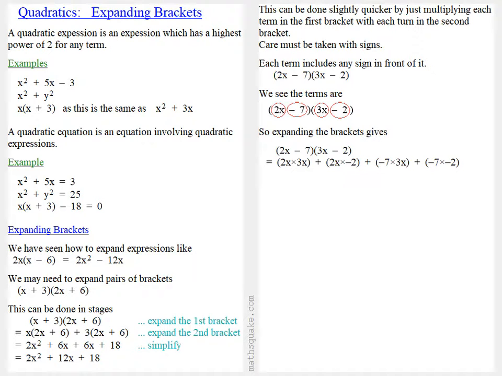Now 2x times 3x becomes 6x squared plus 2x times minus 2 becomes minus 4x, plus minus 7 times 3x becomes minus 21x, and plus minus 7 times minus 2 becomes plus 14. The two middle terms can be added together, and that leaves 6x squared minus 25x plus 14.